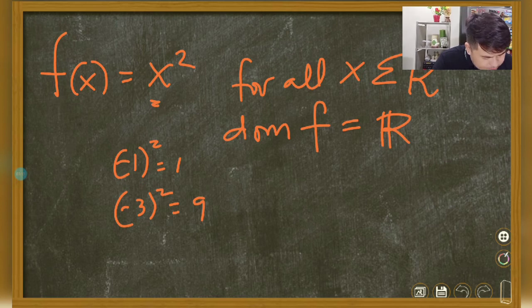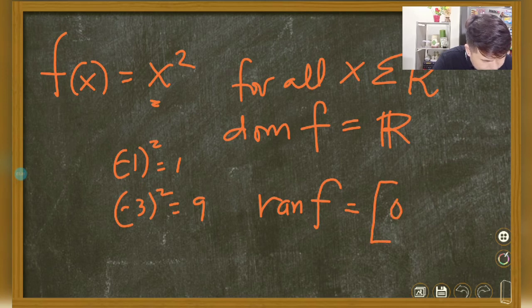So that means x squared is non-negative for all x, where x are all real numbers. So therefore, the range of the function starts at 0 until positive infinity. So that is now the range of the function.